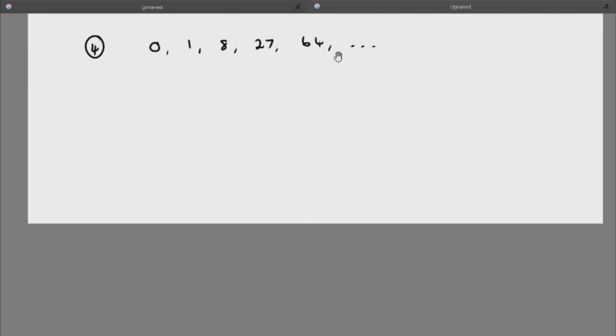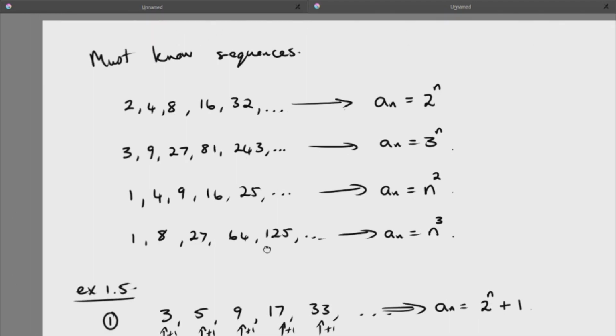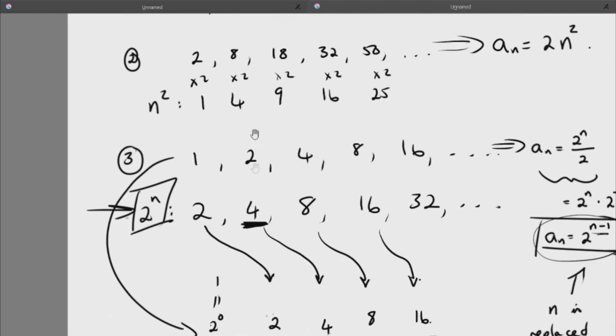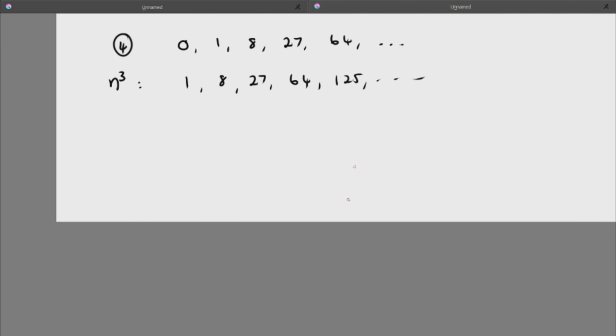Which is that closest to? Which of these top sequences? The cube numbers. So my cube numbers were 1, 8, 27, 64, 125, and so on. What is the link between the two?